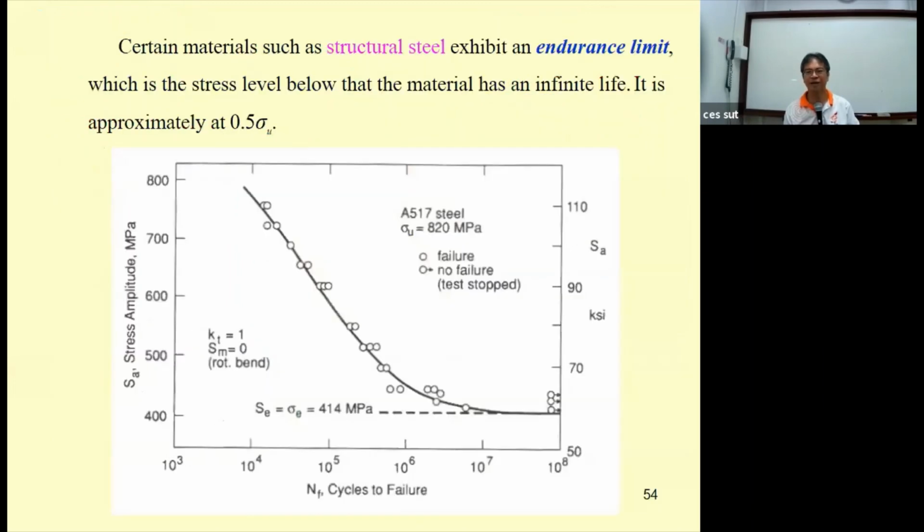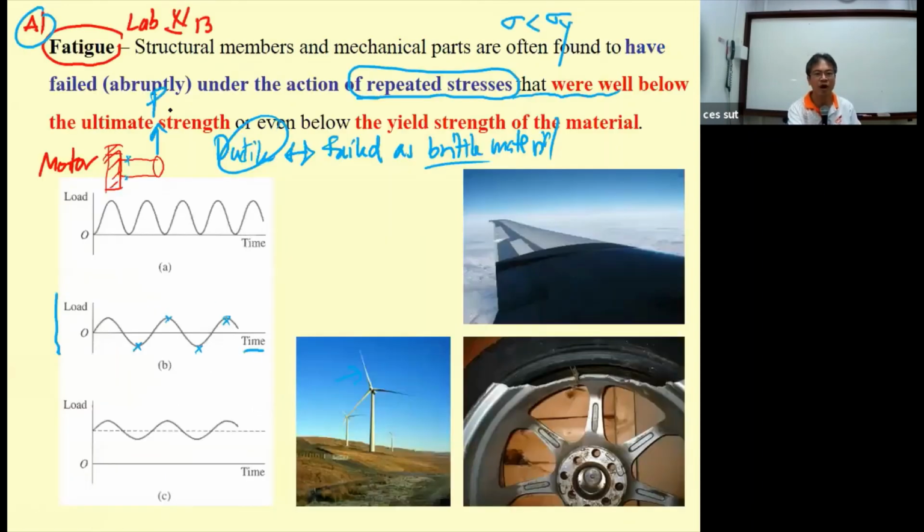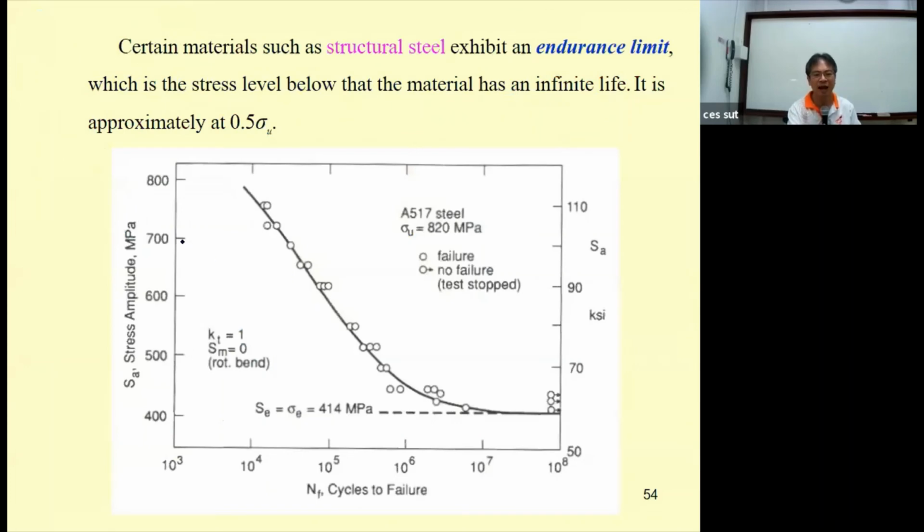Okay, if we come to the lab, we can see that if we put in a large force, this force will produce a large stress here. If we put in a large stress, you can see from lab 13 that the number of rotations of the motor will be small.